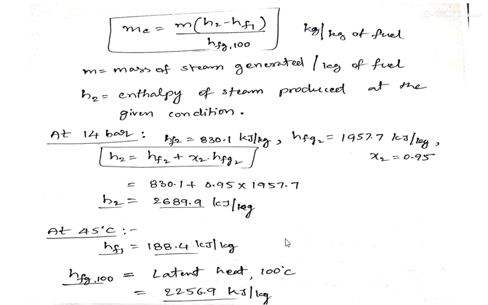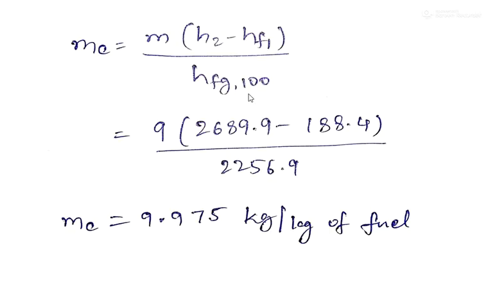Substitute all these values in the formula, that is m, the H2 value, the Hf value and the Hfg value which we have calculated, and we get the equivalent evaporation as 9.975 kg per kg of fuel. That is the equivalent evaporation we have to calculate from the given information.